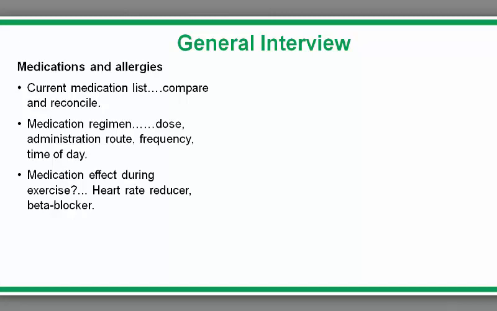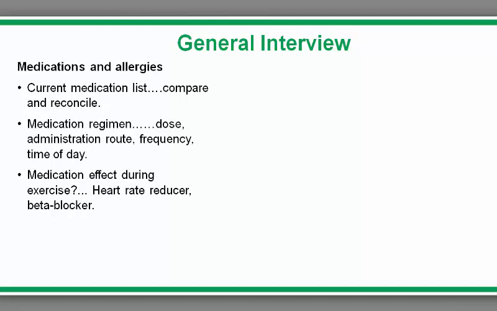One such example of that medication effect during exercise, whether it's during an evaluation, during a test, or after exercise has been prescribed, is the beta blocker, which is a heart rate reducer indirectly. The beta blocker is prescribed to address high blood pressure, and it acts by reducing heart rate.